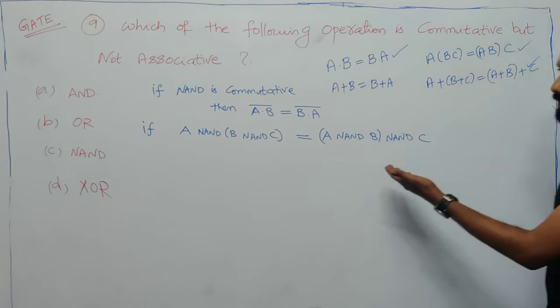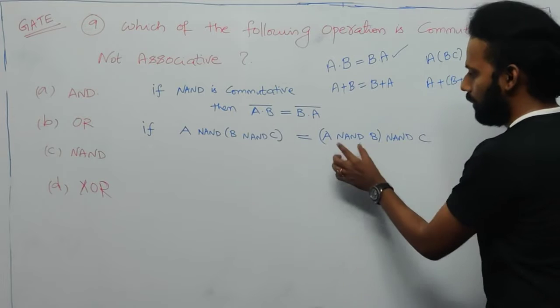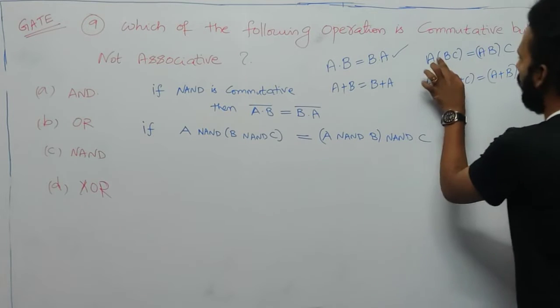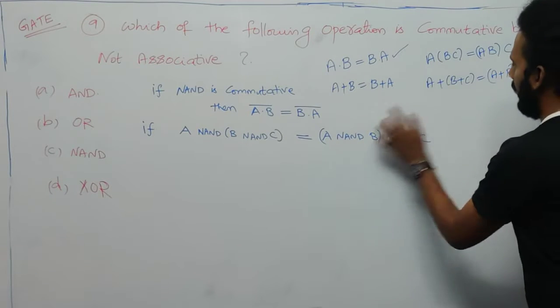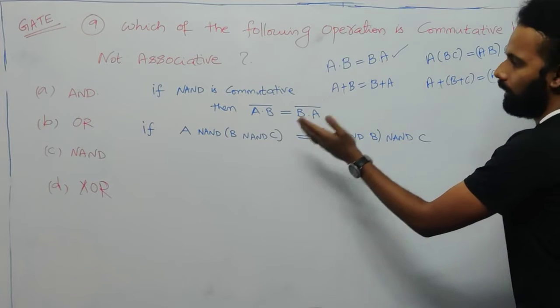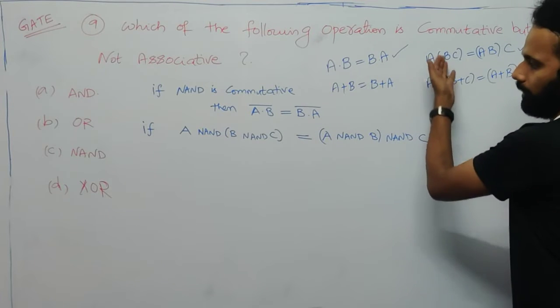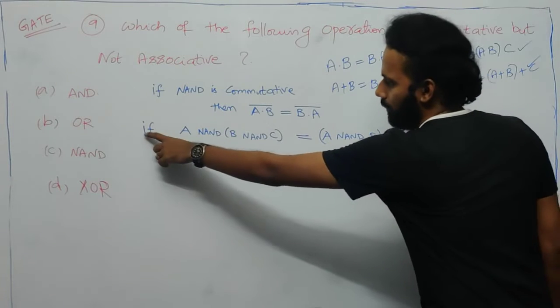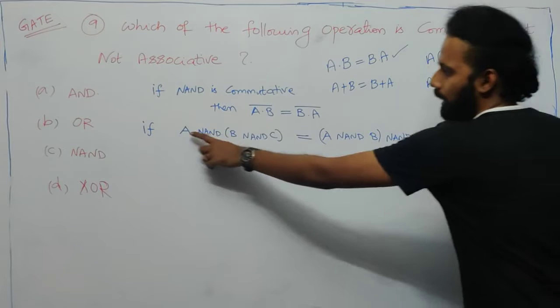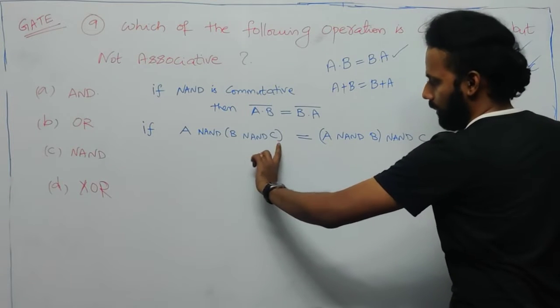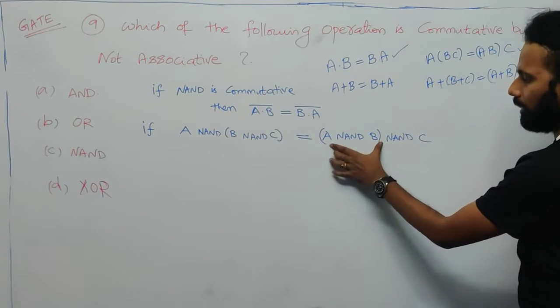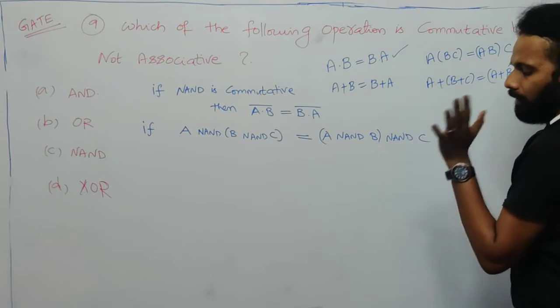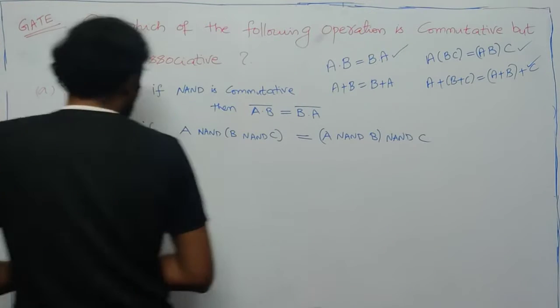That is what associative means. See, instead of NAND you have AND, instead of NAND you have OR. We are calling these two associative. If NAND is also associative, it has to satisfy this property, A NAND (B NAND C) is equal to (A NAND B) NAND C. Now we need to know whether it is right or not.